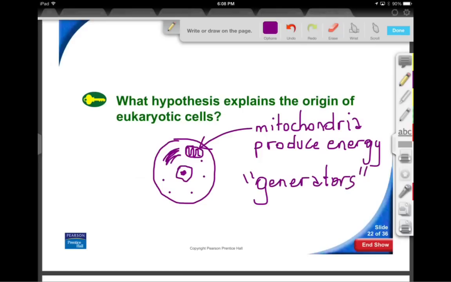Without getting too much into the grade 12 aspect of cellular biology, these little energy generators in our cells, if you examine them closely enough, are very interesting, because it turns out that they're bacteria. We can pull them out of your cells and we find that they have their own DNA.